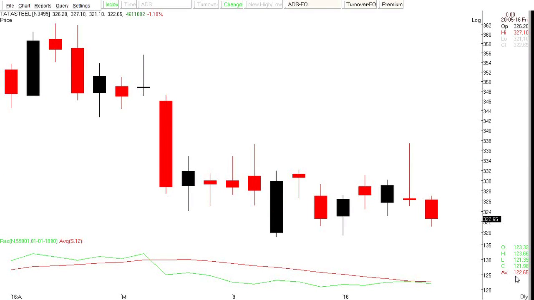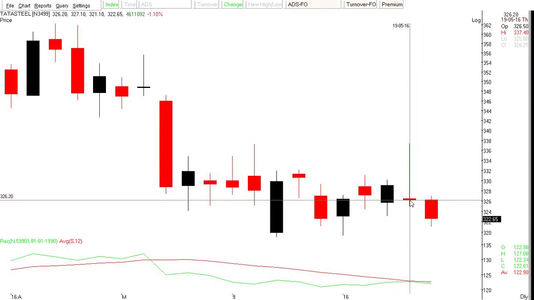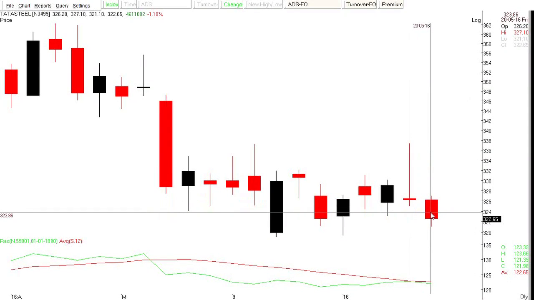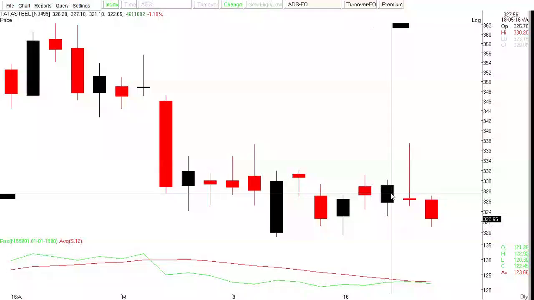The 122.65 average is the 12-period average of the RSC, correct? What is that value in the previous one? It is 122.90. So this has fallen. 122.65 is lesser than 122.90. So we would like to know exactly the one period change. How much has this average changed in one period?